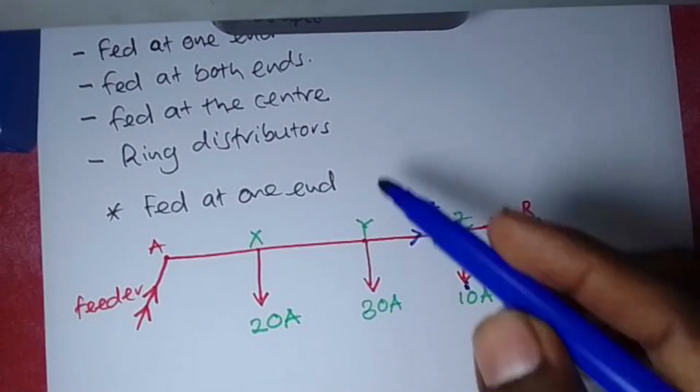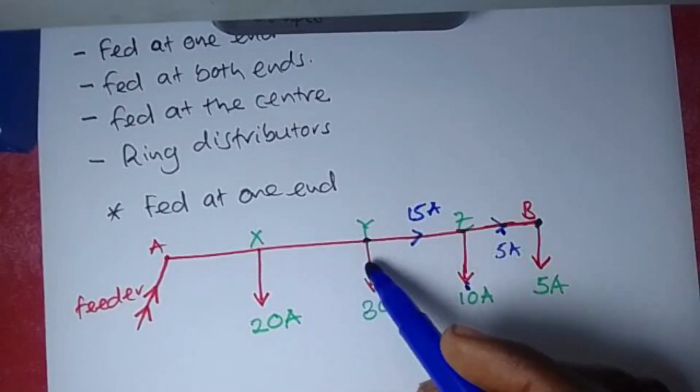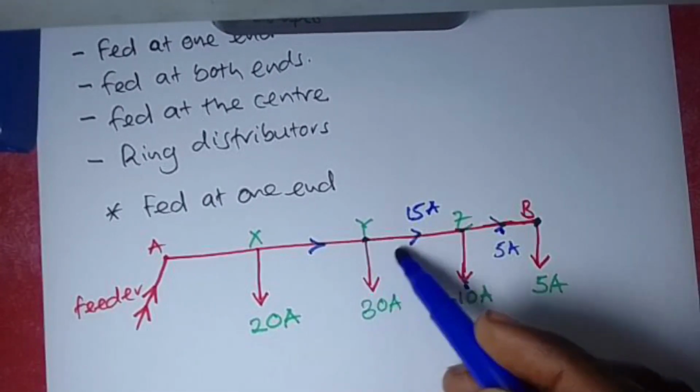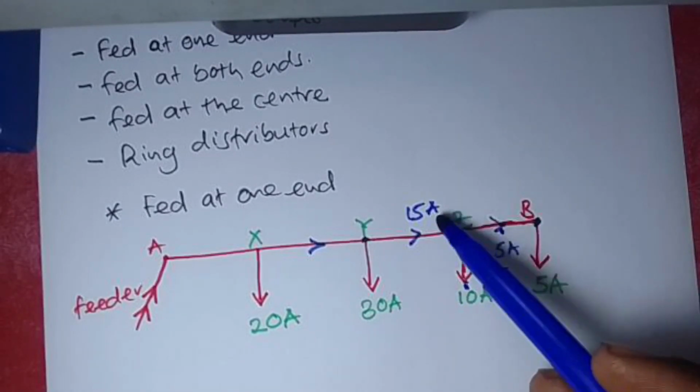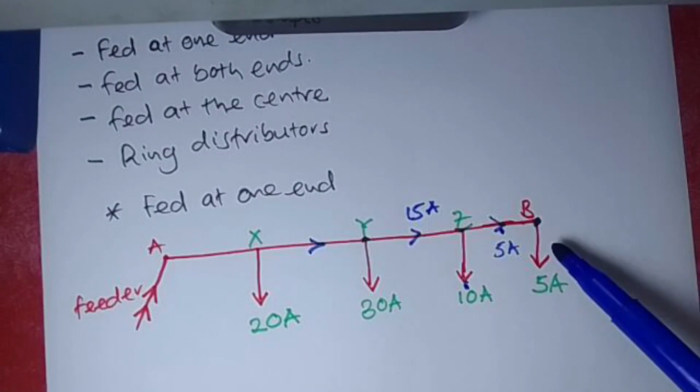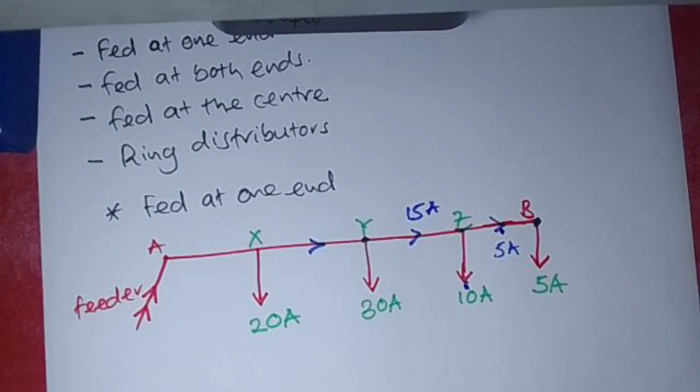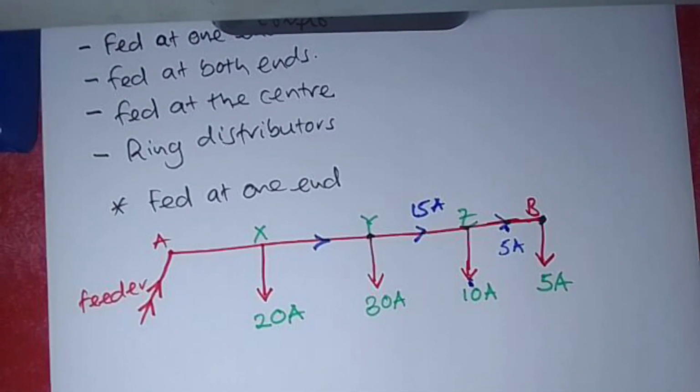Similarly, at this point we have a current that is supplying, then we have two currents leaving. So you simply keep adding from the opposite end, coming back towards the feeder, and you're able to calculate the total value of current flowing in that particular circuit.